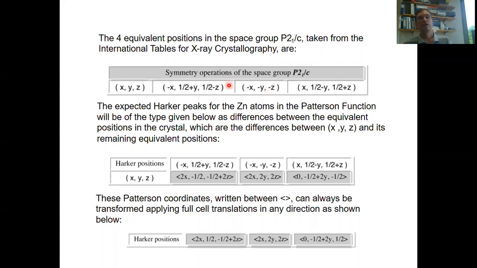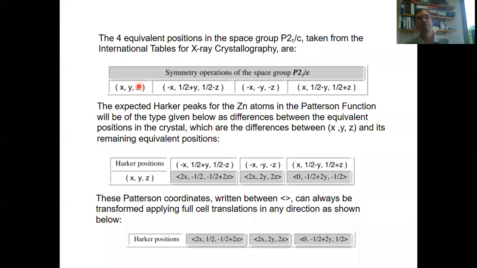All right, so now we can again calculate Harker positions from these positions here. To do so, we subtract these 3 positions from the original position. So let's first subtract this position from that position. Then we have x minus minus x, that gives 2x. y minus a half minus y, so that gives minus a half.